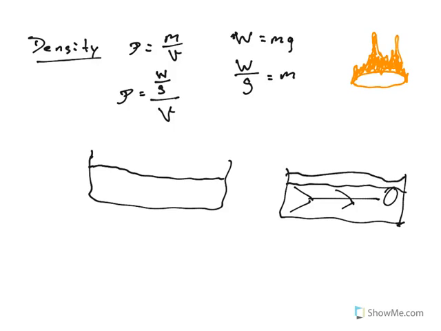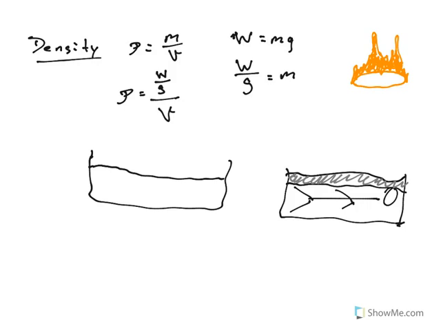So it rose because he got into the bathtub. And what he realized was the reason the water level rose was because it had to make room for his body to get into the bath. And so obviously, the amount the water level rises depends on how big he is when he gets into the bathtub.